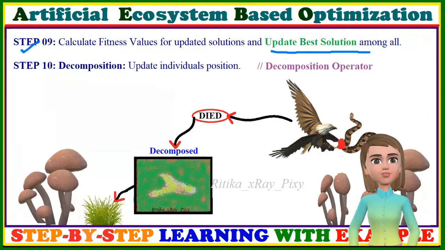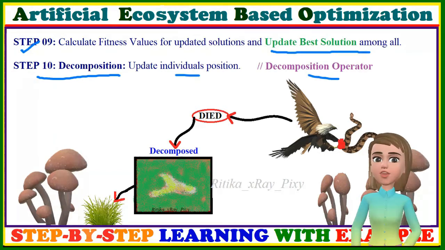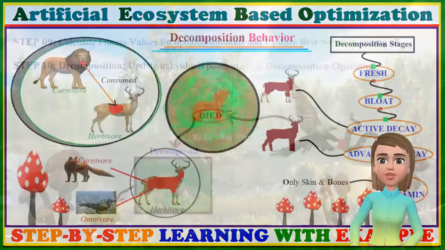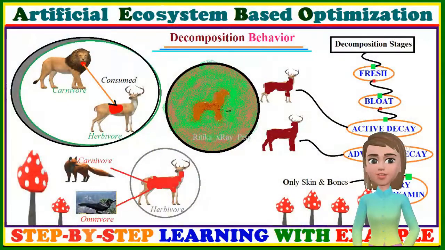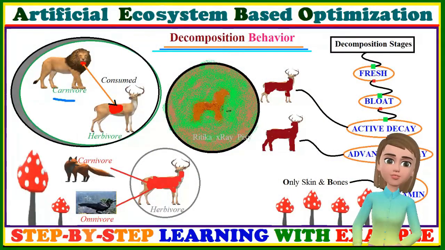After that, the decomposition process starts. Here we will update the individual's position. Here the decomposition operator is used. Here you can see we have the consumer, and when the consumer dies, the decomposition process starts. That is discussed here. For example, we have the carnivore, and carnivore can feed on other consumers.